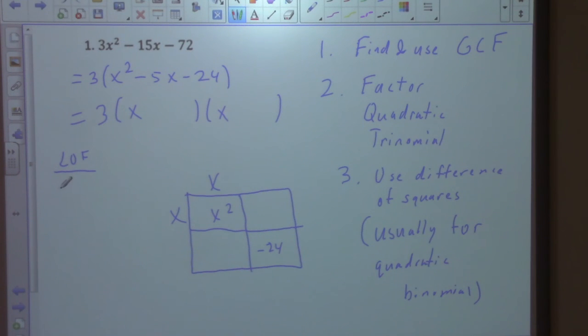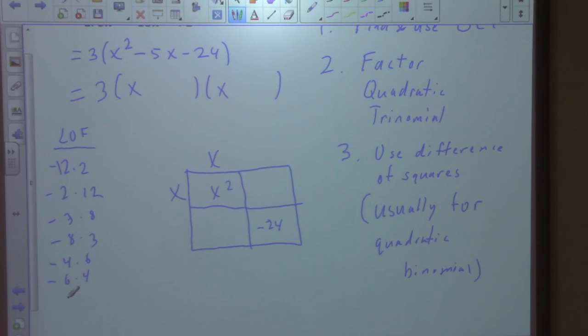Negative 12 times 2, negative 2 times 12, negative 3 times 8, negative 8 times 3, negative 4 times 6, negative 6 times 4, and then also negative 24 times 1 and negative 1 times 24.